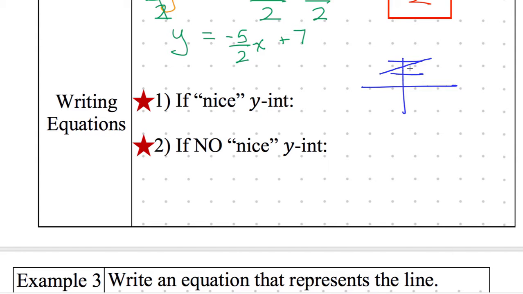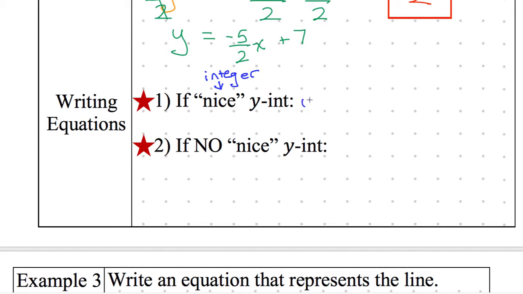That's not a nice y-intercept. This would be a nice y-intercept because it goes exactly through 1. So if it has a nice y-intercept, that just means it has an integer y-intercept. So if you are writing your notes, this just means integer. It has an integer y-intercept, then you're going to do the following steps.